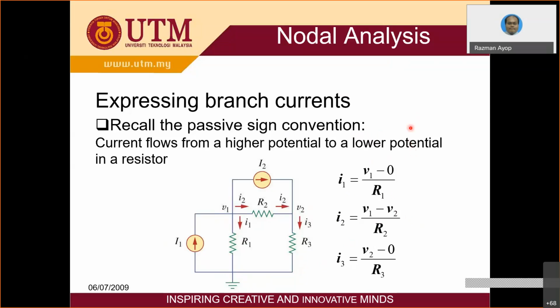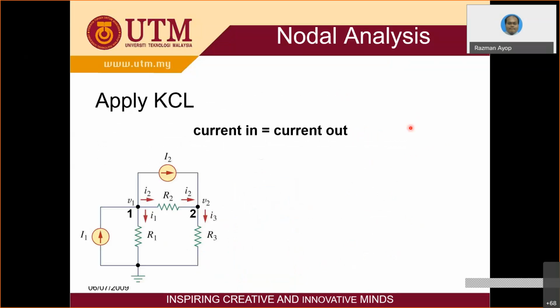So what to do next in nodal analysis? You apply Kirchhoff's current law. Current in is equal to current out. So at node 1, or you can say at node voltage V1, I1 goes into the node, equals to what goes out, I2, capital I2, and small i1.